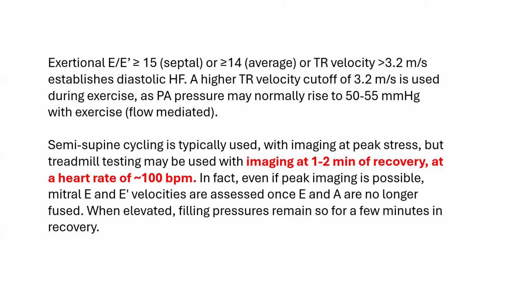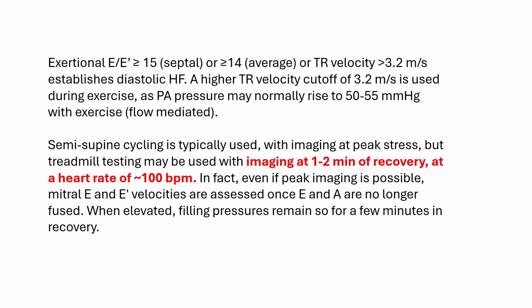And how do we define elevated LA pressure with exercise and a positive diastolic stress testing? This is defined as exertional E to E prime ratio of 15 or more at the septal level, or 14 or more for the average E to E prime, or a TR velocity of over 3.2 meters per second.